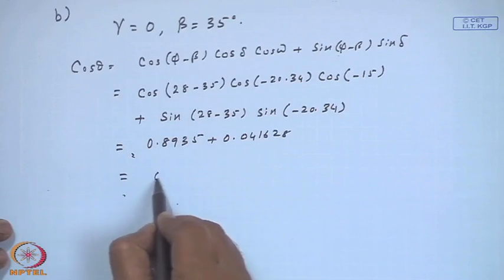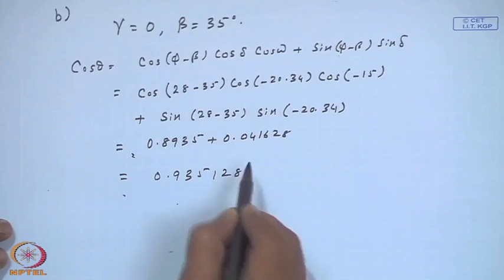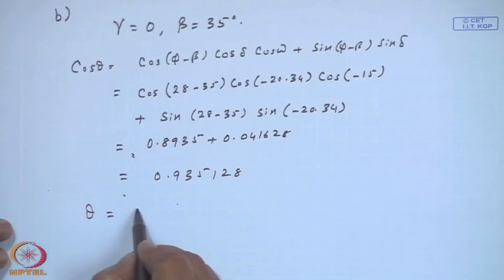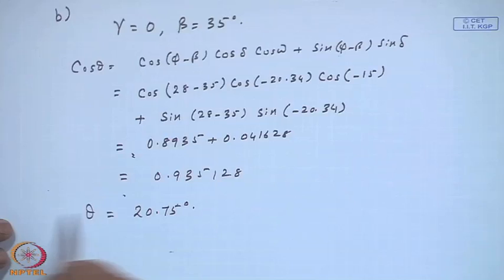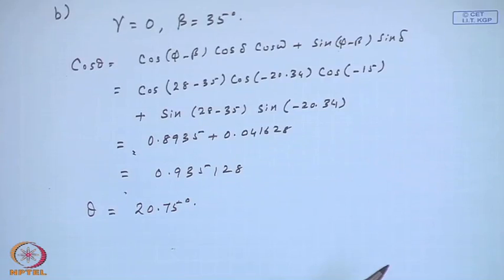This is equal to 0.935128. So, the cosine inverse gives theta as 20.75 degrees. Now, let us have a simple feel whether it is a good enough estimate or not.